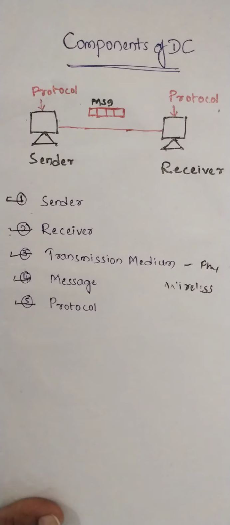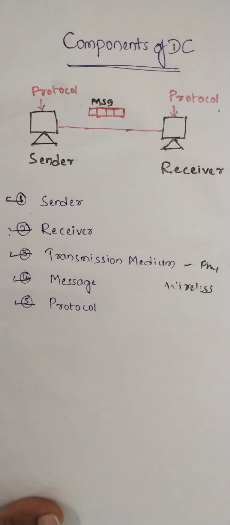If the sender has the message, then he sends that message in the form of packets to the receiver through some transmission medium. That transmission medium may be a physical path using cable, or a wireless connection. So that is the fourth component we need.